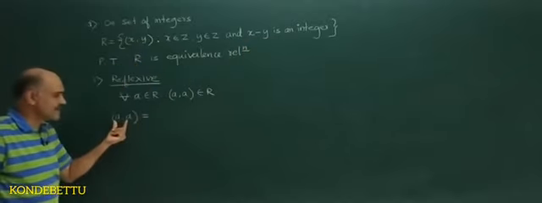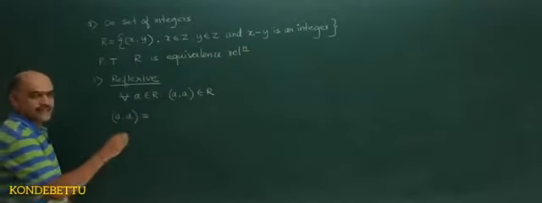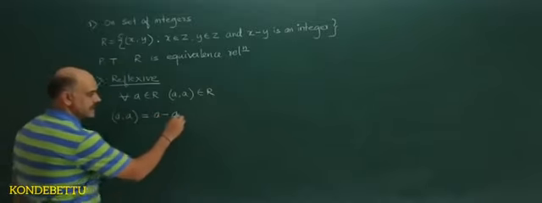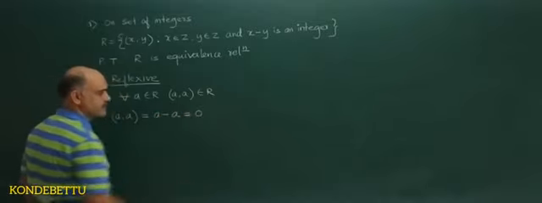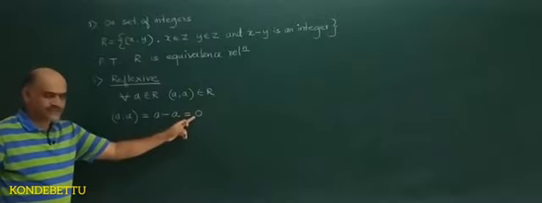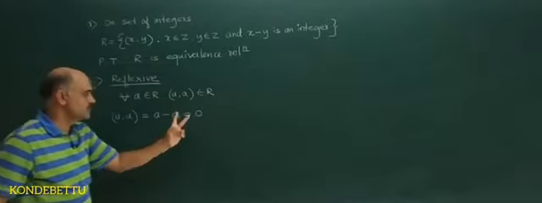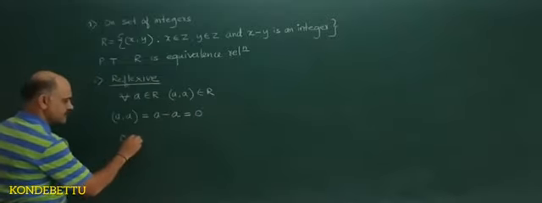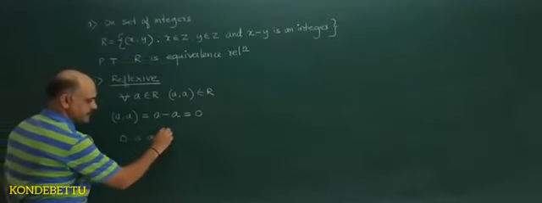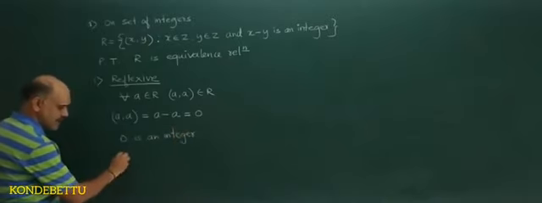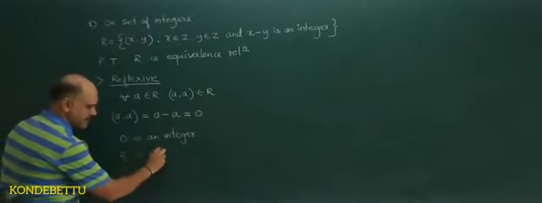So similarly if I take a comma a, then this will be a minus a. A minus a is equal to 0. We know that 0 is an integer. So therefore 0 is an integer, meaning the given relation R is reflexive.